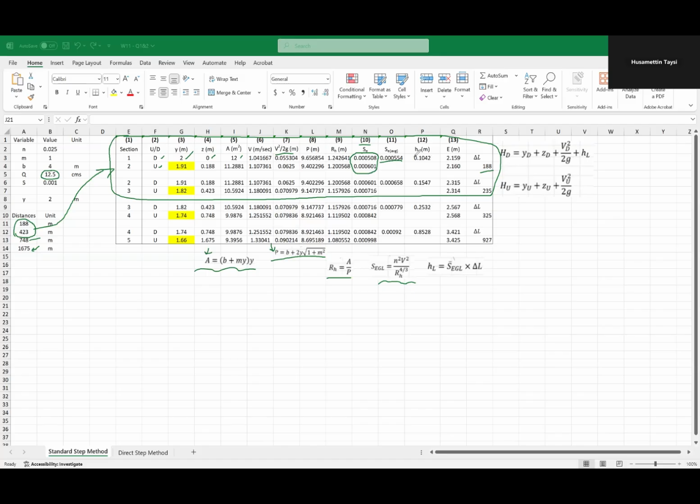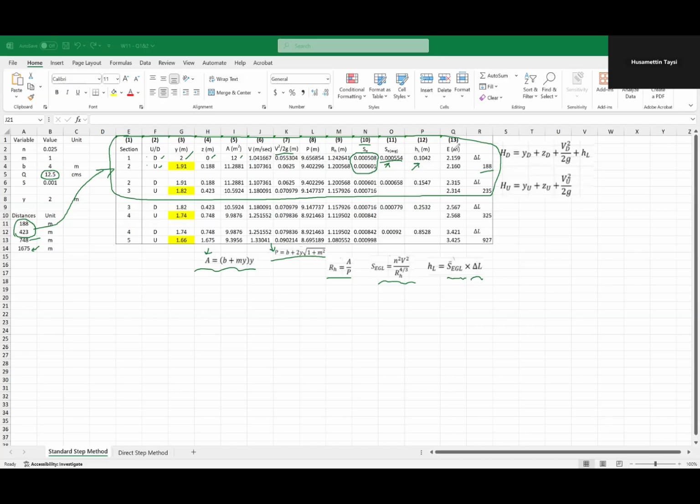Lastly, we find head loss using the average slope times delta L, which is the distance between these 2 points, between downstream and upstream. Since we took the downstream as reference and the upstream from the dam is 188, we use 188 times this slope value, and it gives 0.1042 meters as the head loss.